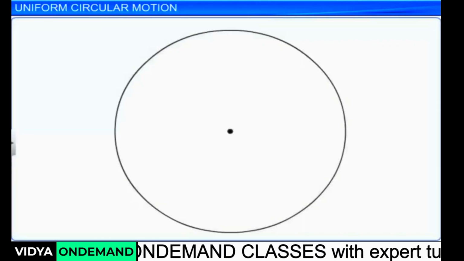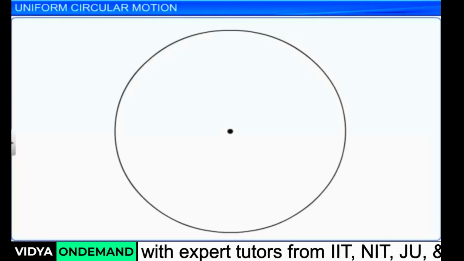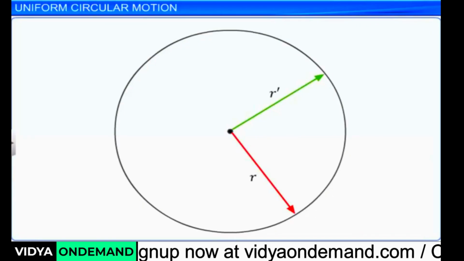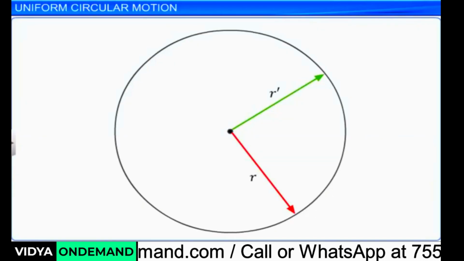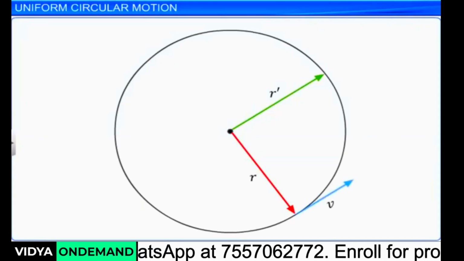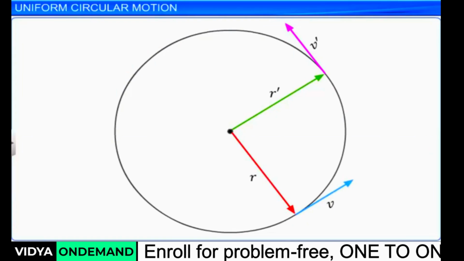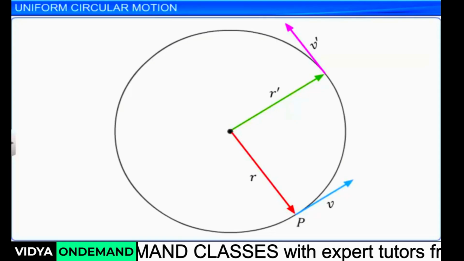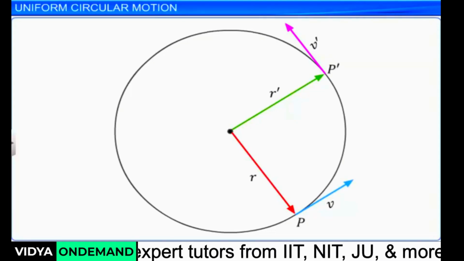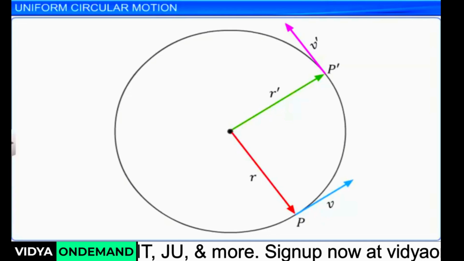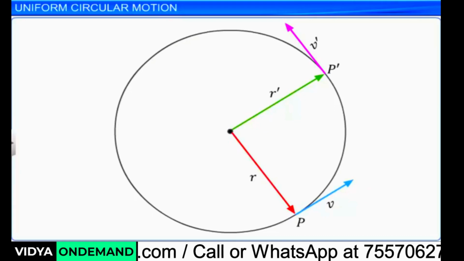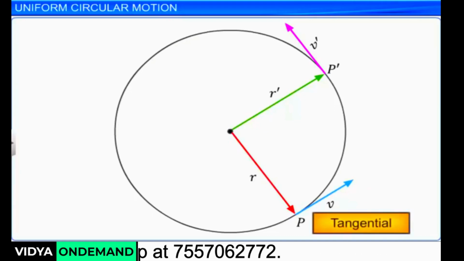Here, r and r' are the position vectors, and v and v' are the velocities of the body at points P and P'. As the body is moving in the circular path, the velocity vectors will be tangential to the circle at the points P and P'.